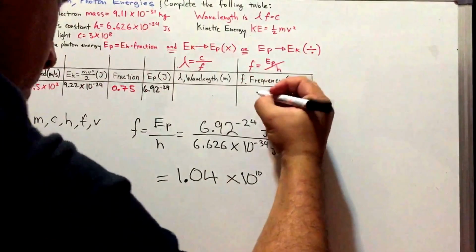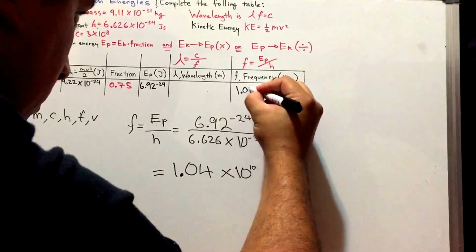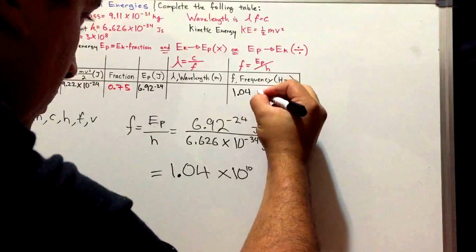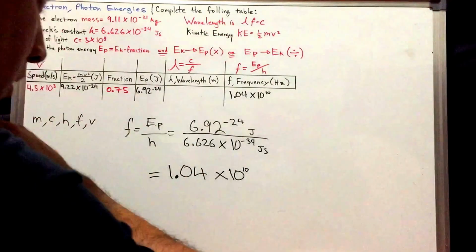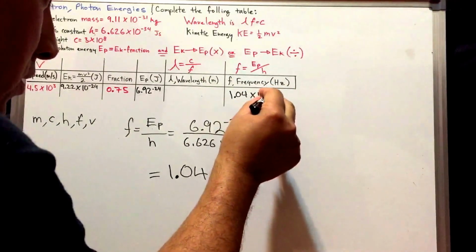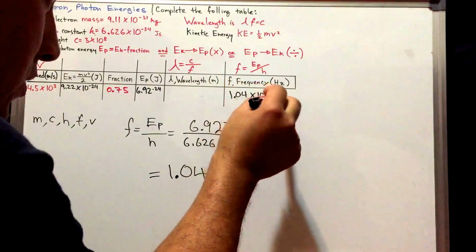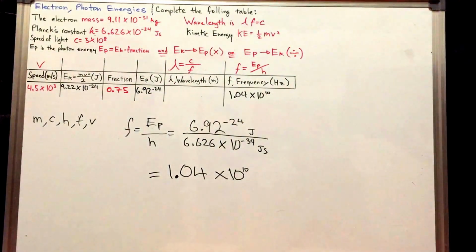So we're going to go ahead and plug this in here. You don't have to write times 10 to the 10th power. You can just put 1.04 to the 10th. I personally like doing it that way. I find it easier for me.